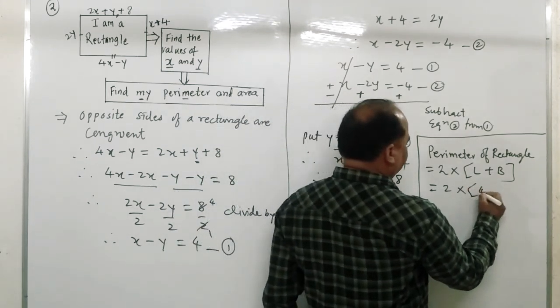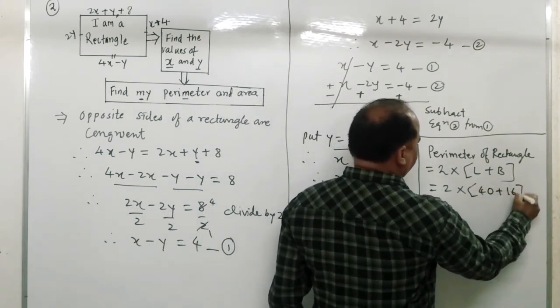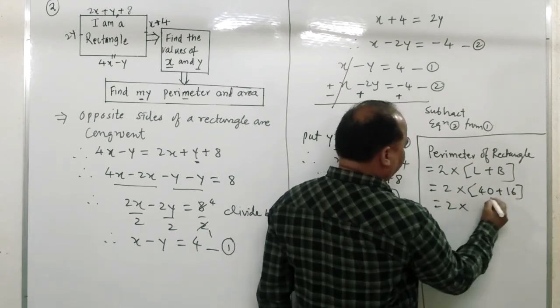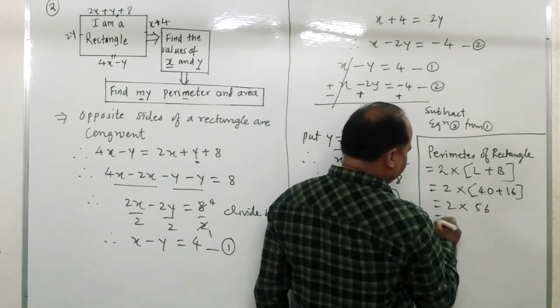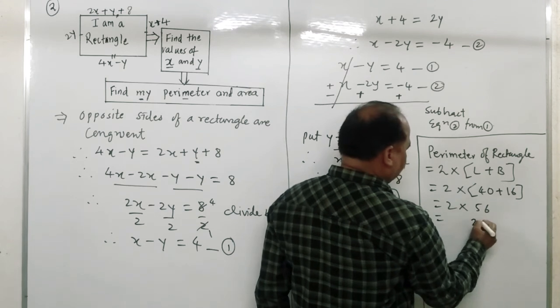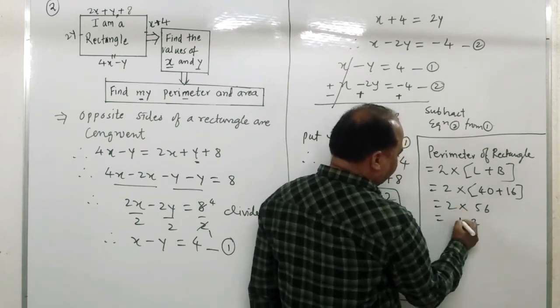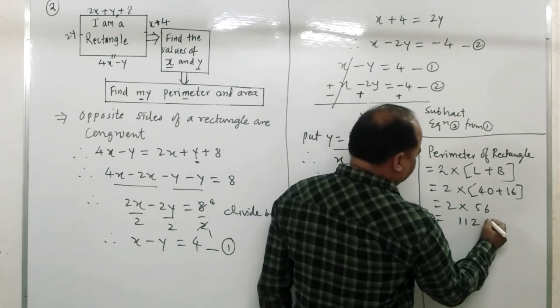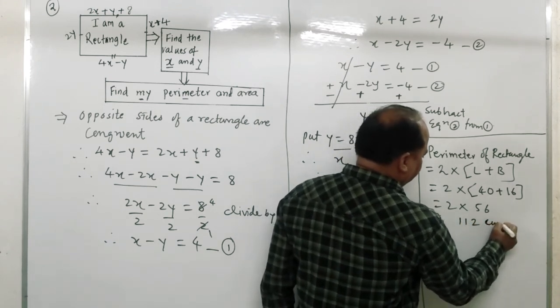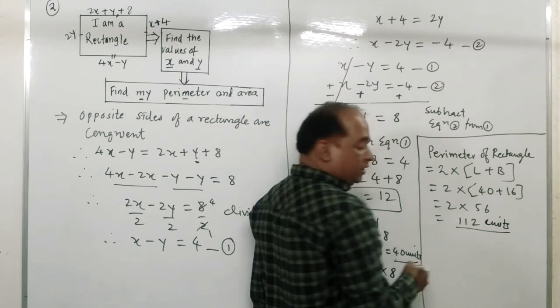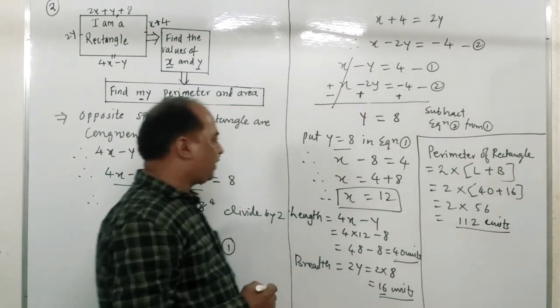So 2 into (40 plus 16), which is 2 into 56. 56 into 2: 6 twos are 12, 1 carry, 5 twos are 10, and 1 is 11, so 112 units is the perimeter of the rectangle.